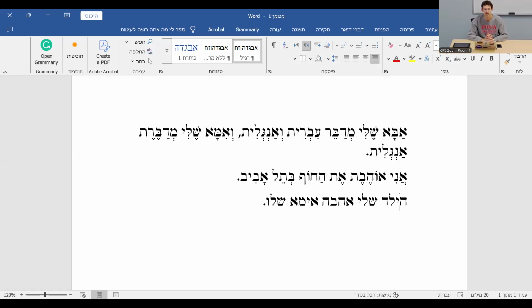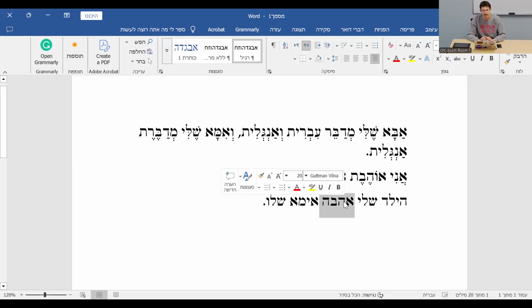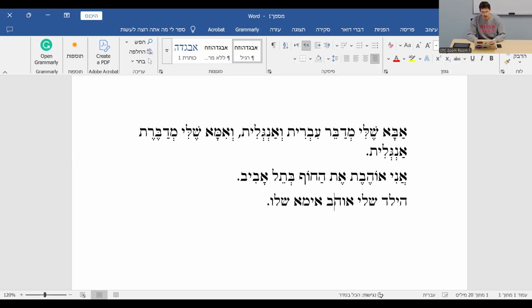It's not in the abstract, like any קונה ספר. It's like I buy a book. It is your child. It's specific. Okay. So הילד שלי, because it's masculine, it'll be אוהב.